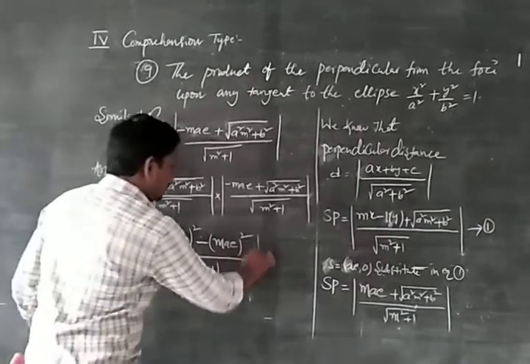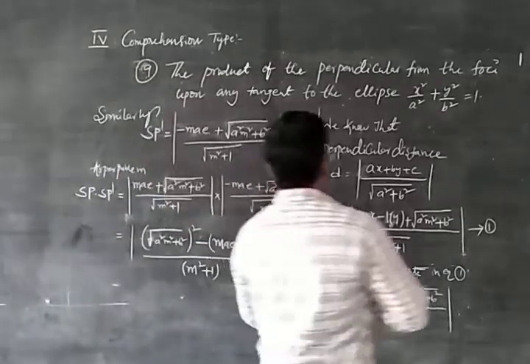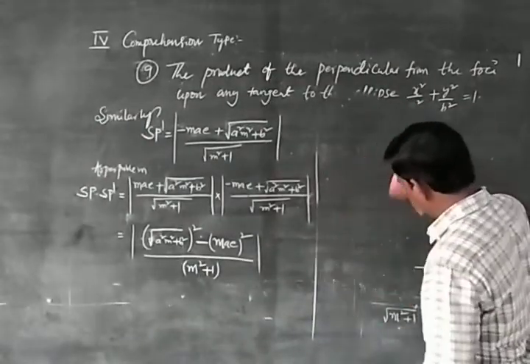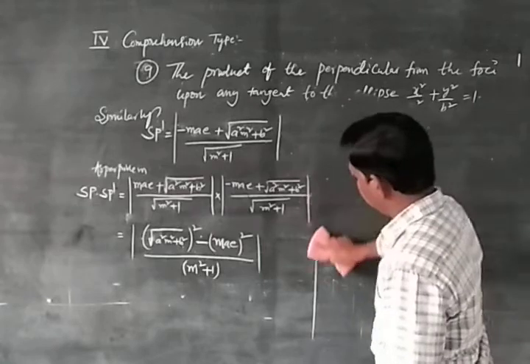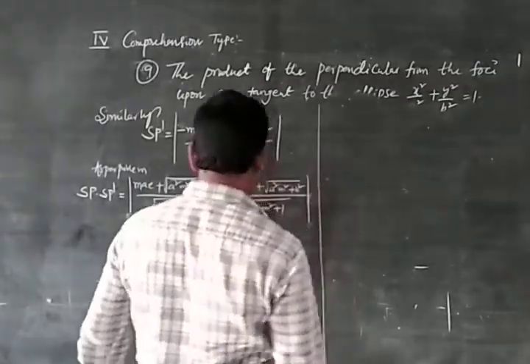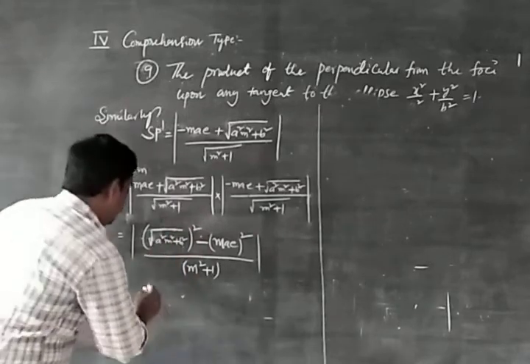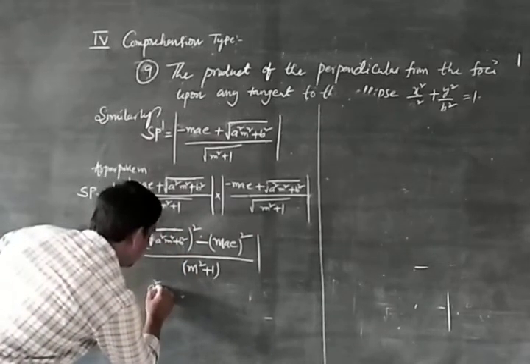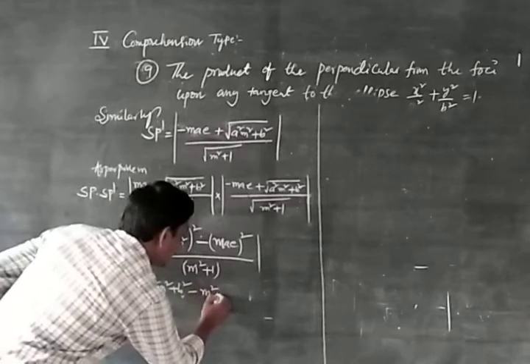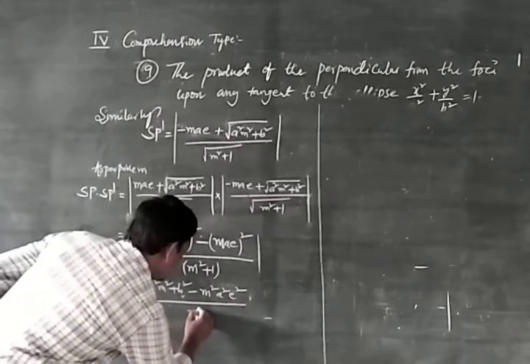Square root both are cancelled. So a square m square plus b square minus m square a square e square, by m square plus 1.